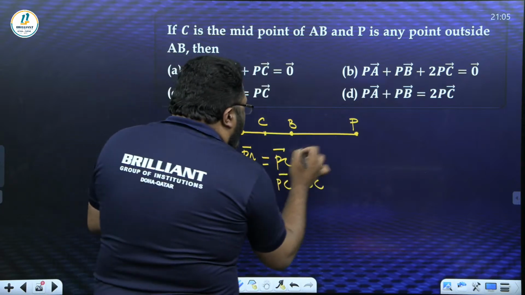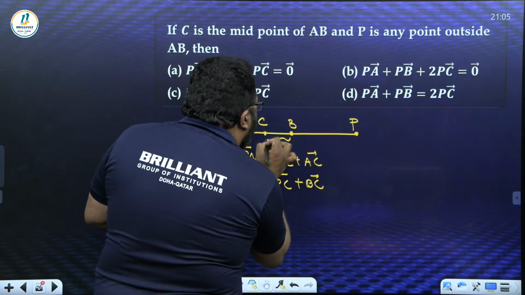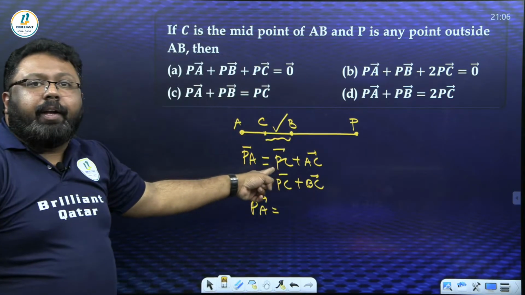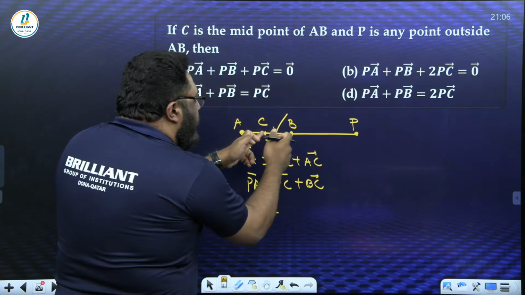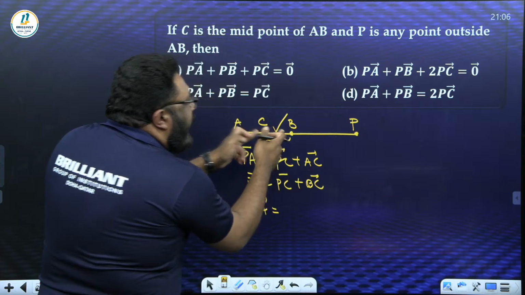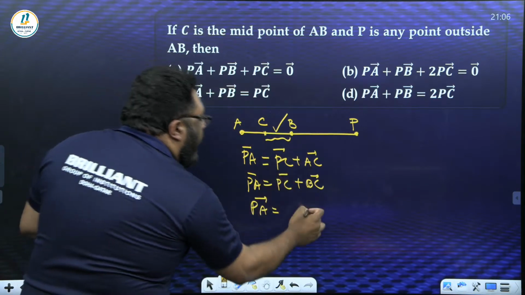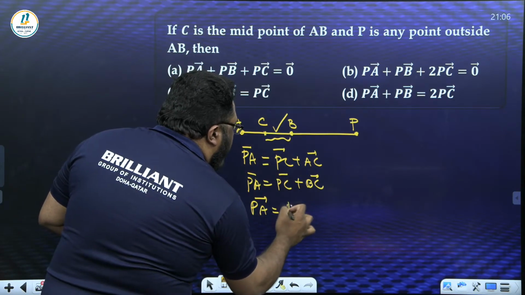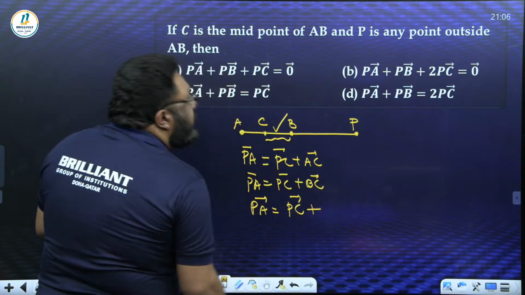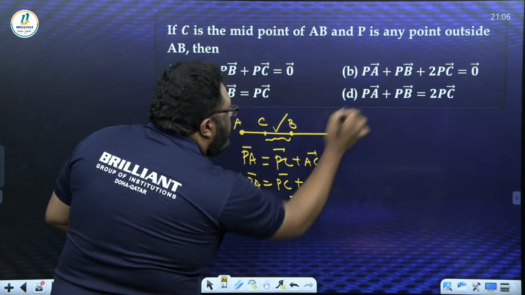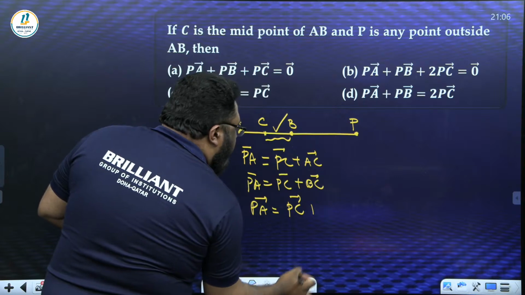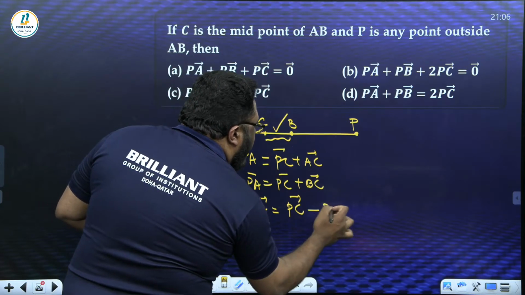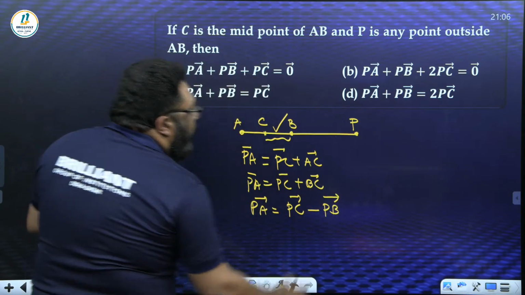Now I need to find out what is BC, my dears. How can I find what is BC from these vectors? It is clearly PC minus PB.